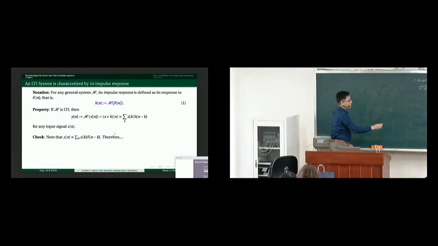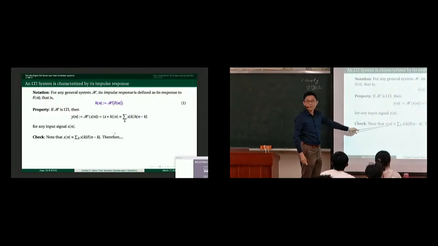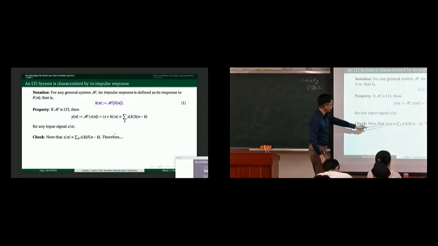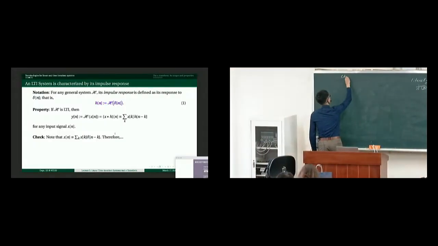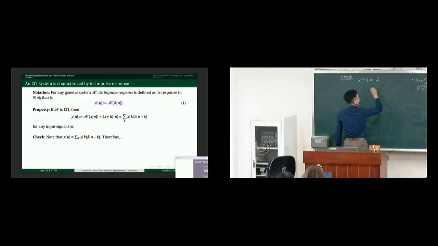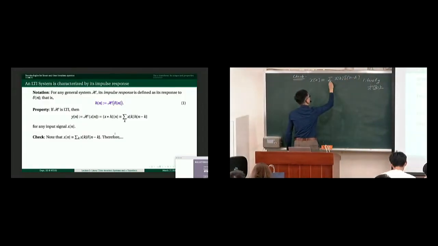So my suggestion is we are going to consider what's happening when we feed x into our system, but let's again use this notation. My first suggestion is to begin with the fact: what is x? X is the summation of all its samples, located at time k, summing over all k.